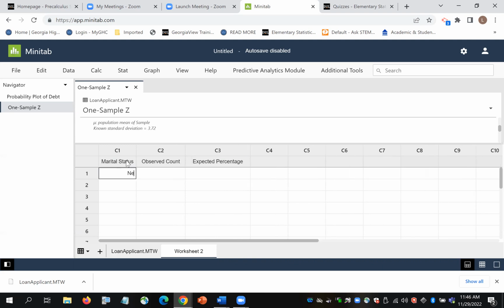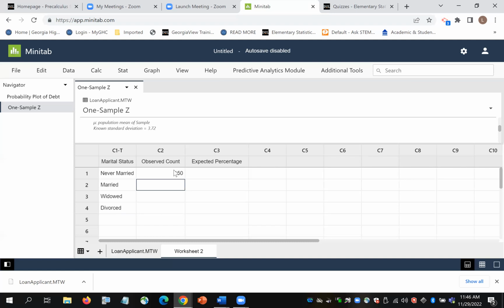So I have never married, widowed, divorced. And let me see, I wrote down the numbers. Never married was 150.